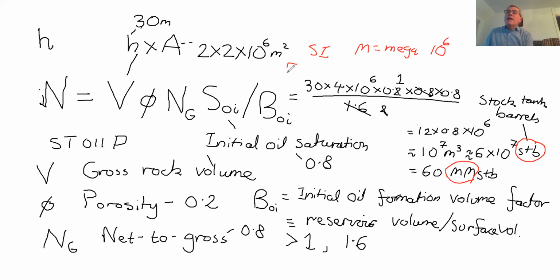Unfortunately, when we have field units, M actually stands for mille, 1,000. It is a bit funny because certainly in the US oil industry, we're not going to use SI, Système International. We're not going to take some French units.